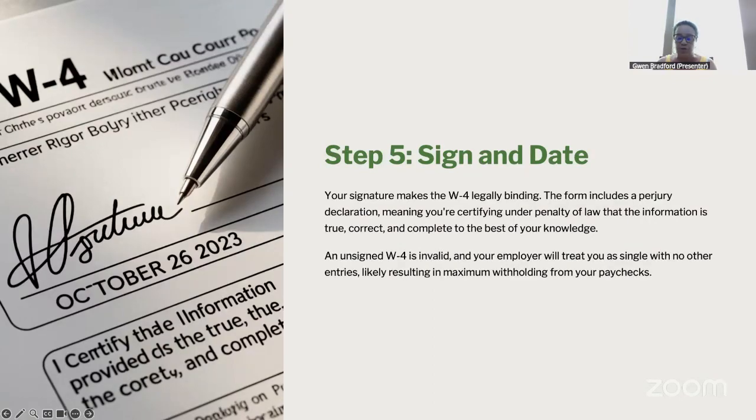A W-2 is what your employer gives you to tell you your taxable income, the amount of your withholding tax, and your FICA tax. So the W-2 comes from your employer.